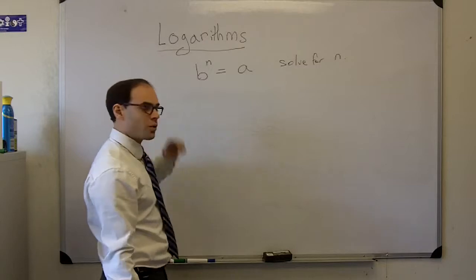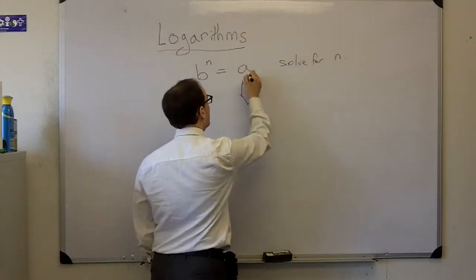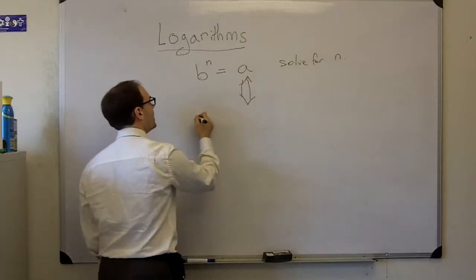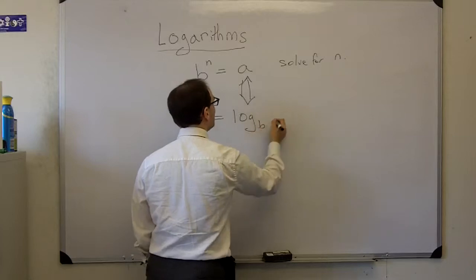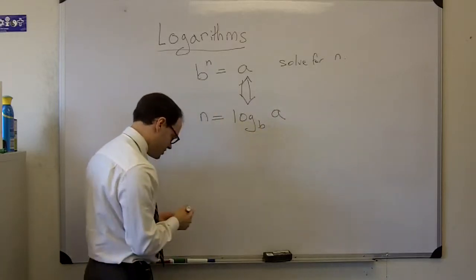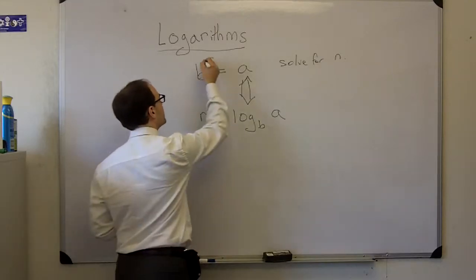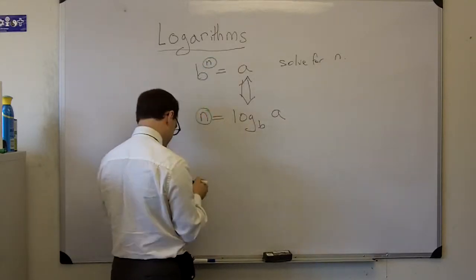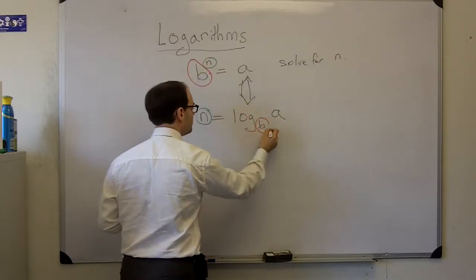The answer that you're going to get is the same thing as saying that n equals the log base b of a. And of course, this sort of thing is a little hard to see where everything went, so let me color code it. Here's your n, there's your n. Here's your b, here's your b.